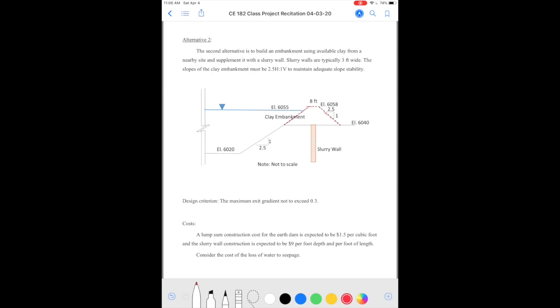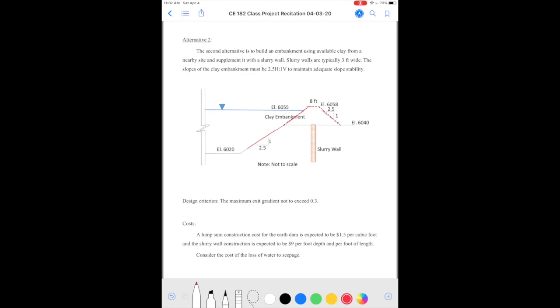Slurry walls are typically 3 feet wide. The slopes of the clay embankment must be 2.5 to 1, just continuing this slope here. So the same slope is the embankment upstream as well as downstream. And the elevation of water is the same. So the total height of water is 35 feet.